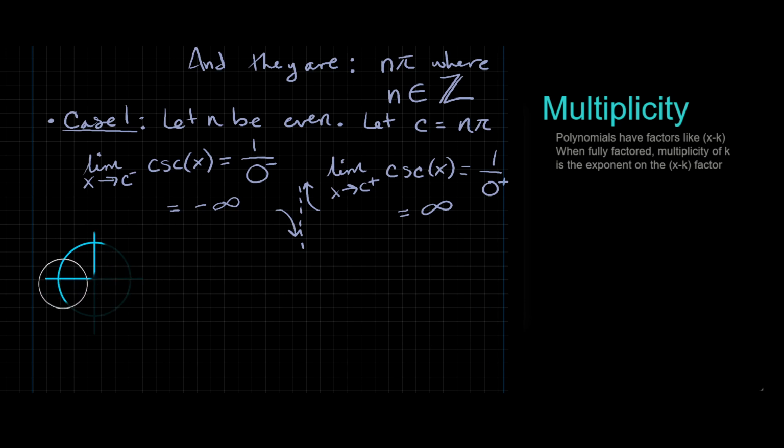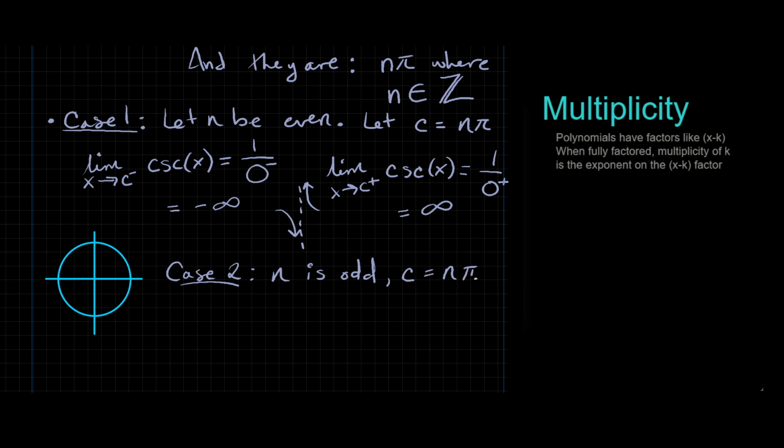Now let's consider what if n is odd. N is odd, and c is still equal to n pi. All right?